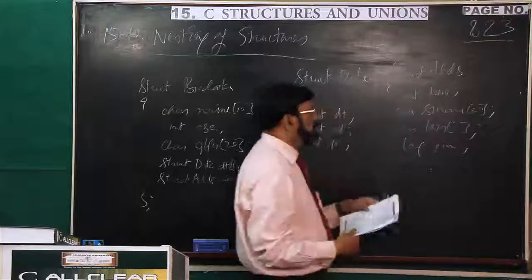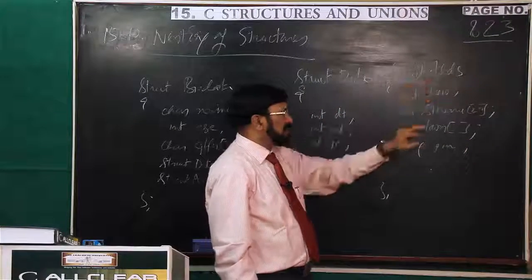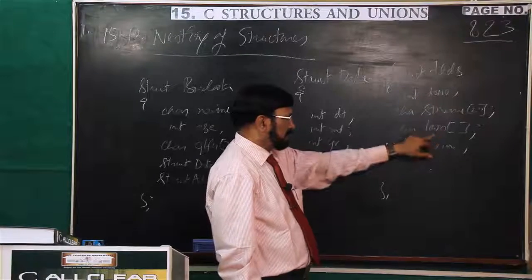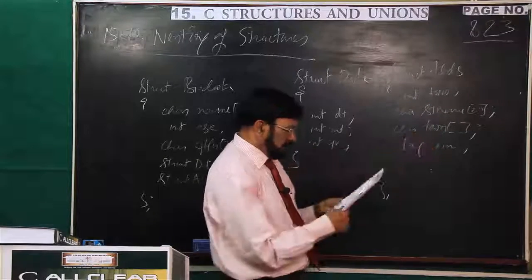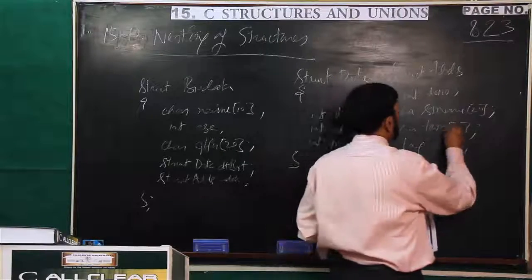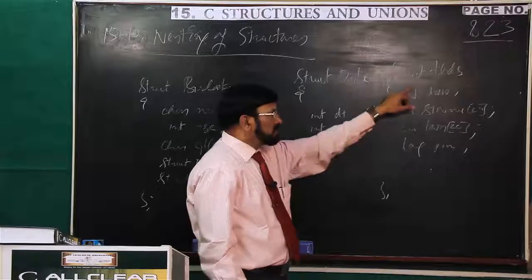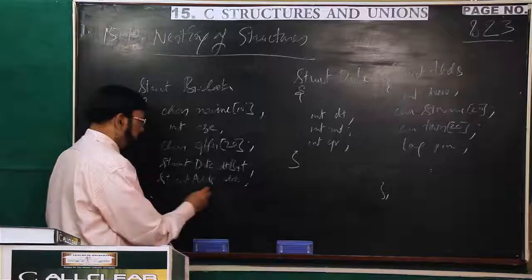Now you see this is another address structure. In this, door number, a string street name, a string town name, and a long pin. Four members we declared. This type of variable we declared.